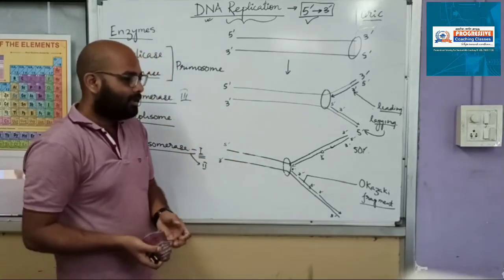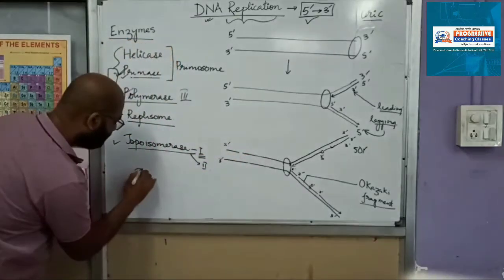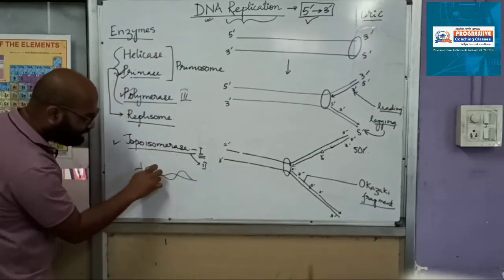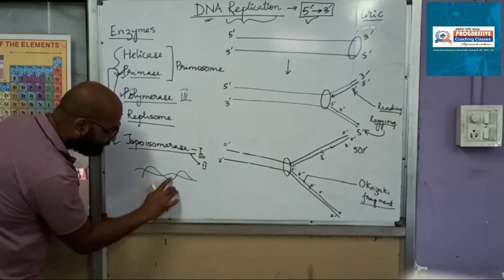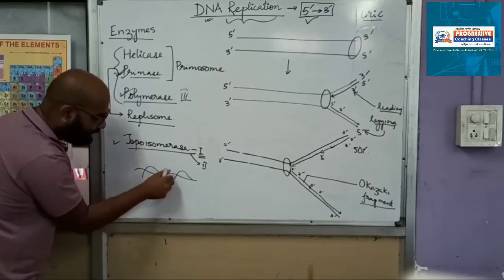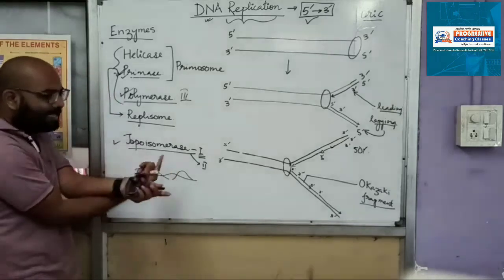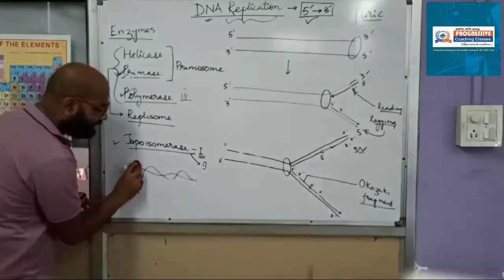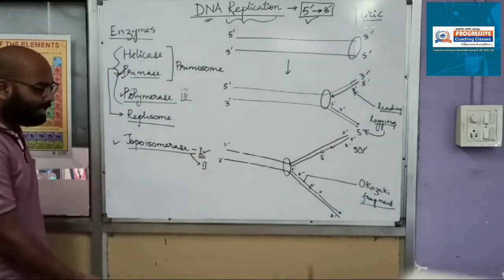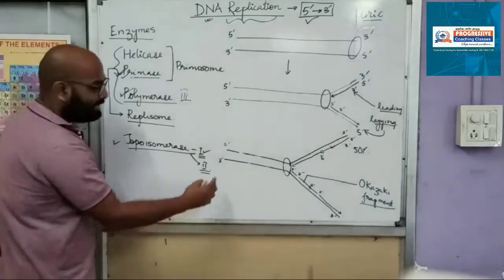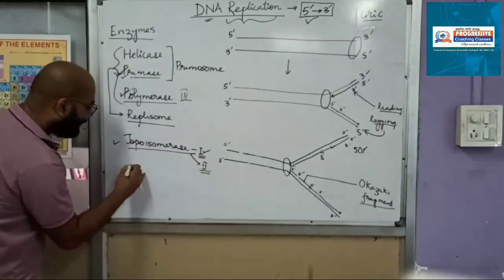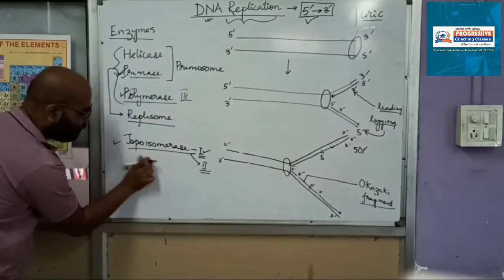Just imagine, this is a complex structure. If you have to loosen this structure, what will you do? It will cut at one side and join on the other side, so that one tangle is at least cleared at a time. This is what is done by topoisomerase 1, and topoisomerase 2 is similar, in that it cuts both the strands, releases the tension, and joins them again.